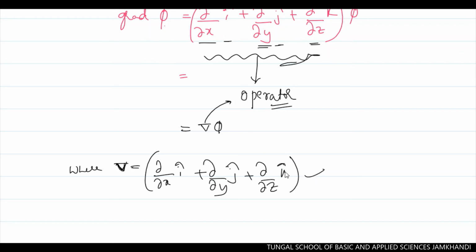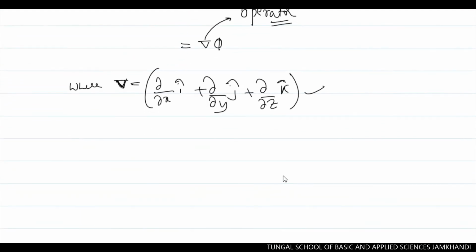So this is exactly the grad operator which can be applied on a particular scalar function in a vector space. In that vector space it will help us understand in which direction or along which particular axis the scalar function is varying or changing. That's why this gradient is nothing but a directional derivative, because if you look at this operator, it is a derivative along particular directions in a vector space.